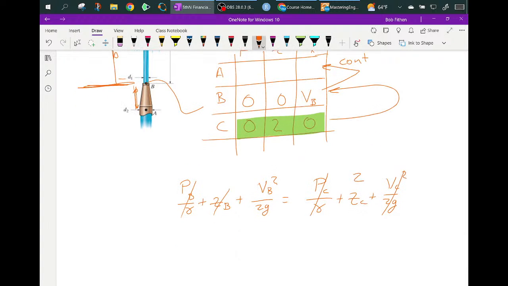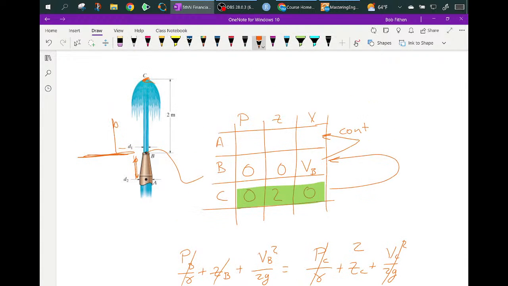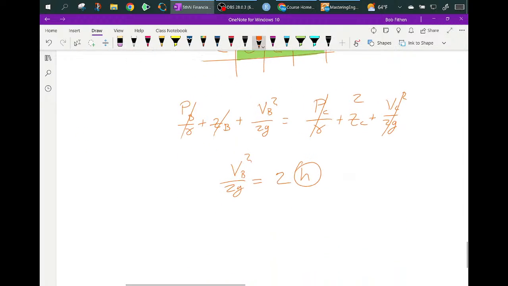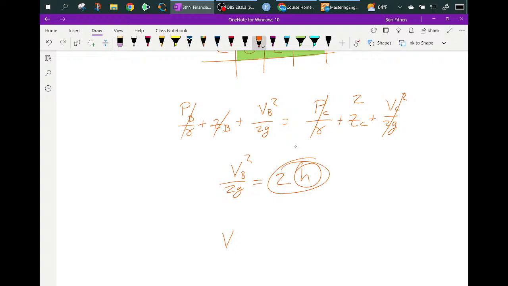And so what we're saying is VB squared over 2G is equal to the number 2, or basically, the height of the water fountain. So guess what? Those are the same number, 2GH and square root.